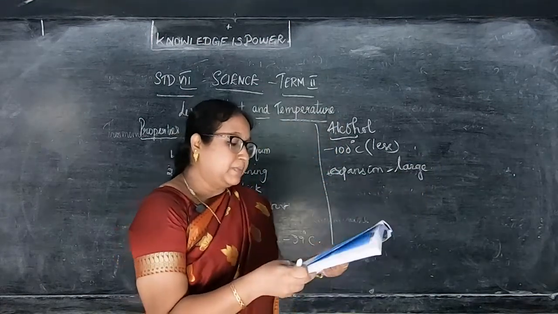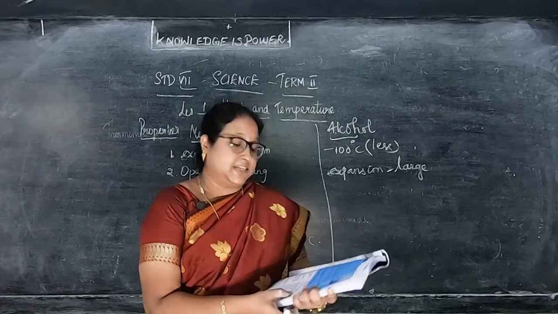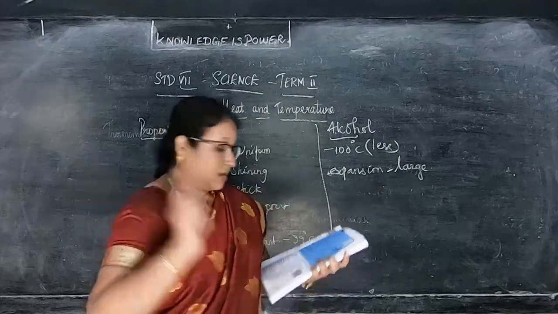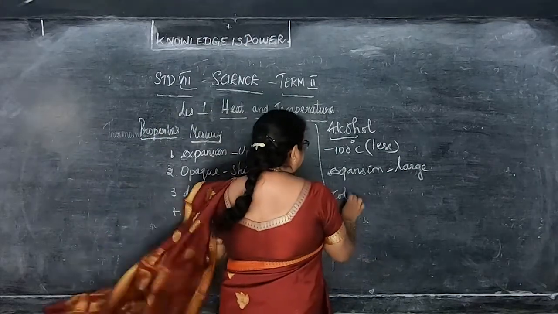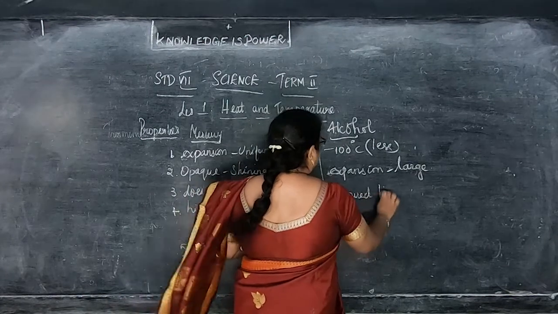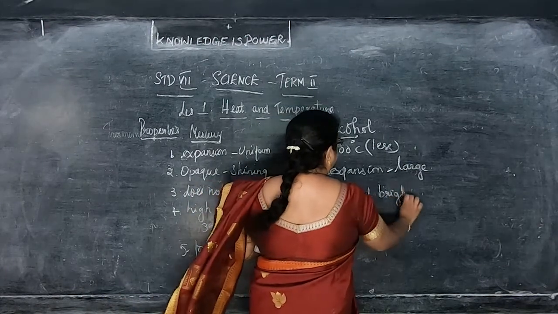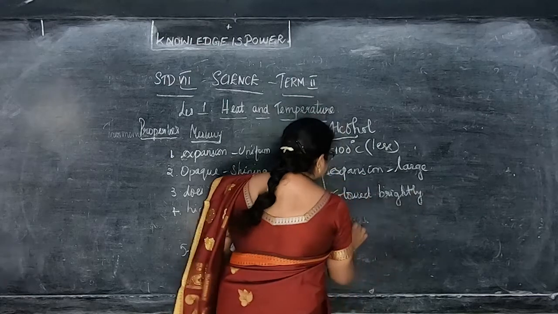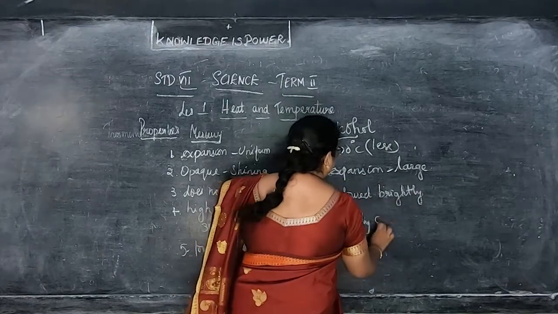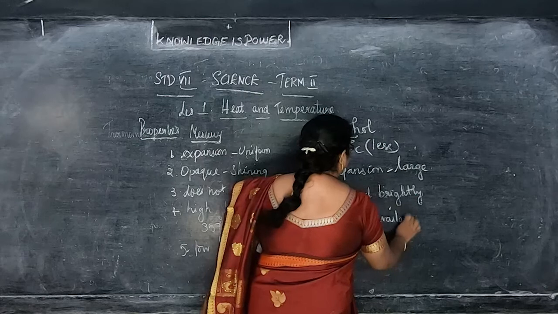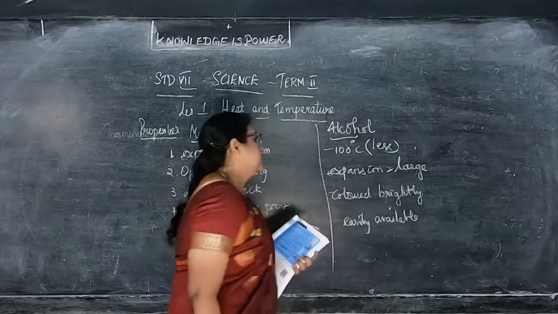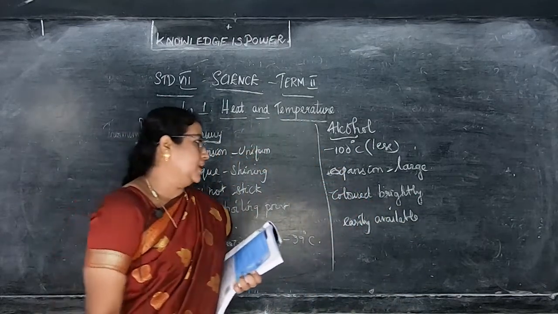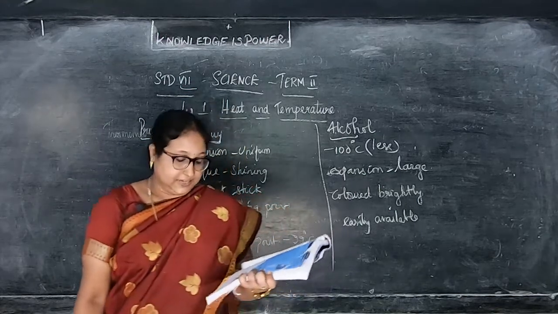Then it can be colored brightly and hence easily visible, and it is easily available. Okay children, so these are the differences: its freezing point is minus 100 degrees Celsius or less, the expansion is large, and it's colored brightly and easily available.